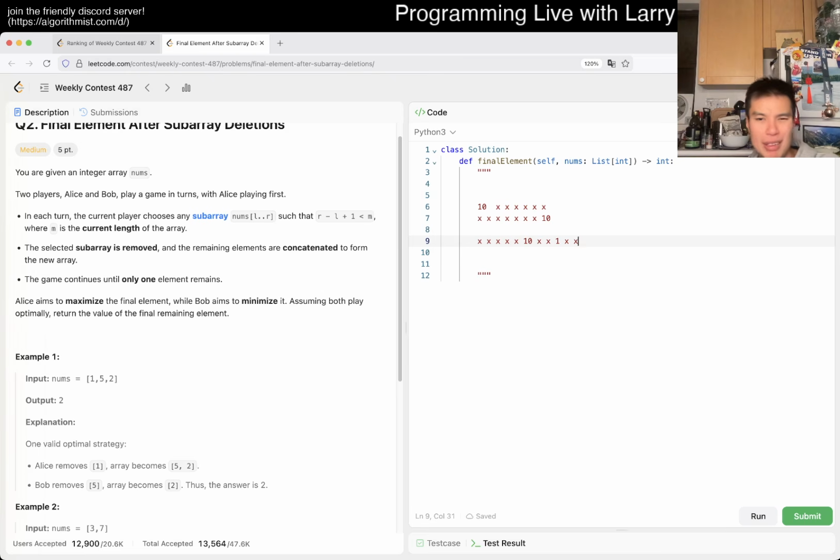Okay, let me expand this a little bit more. Alright, so we have 152, which is the example. So then, okay, so what happens? If the numbers in the middle, and there are more numbers, do you take these? Maybe, right? Because 2 actually makes it interesting. Because no, they'll just take these 3, but we could probably make it interesting.